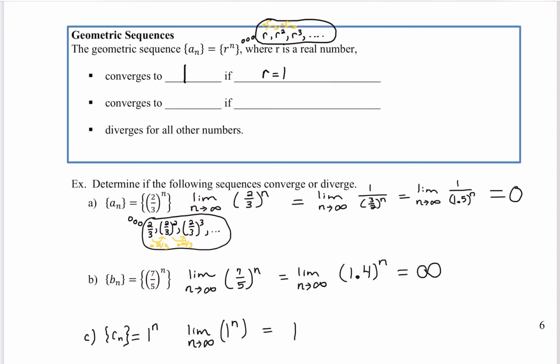Now it is going to converge to 0, and we're going to extend what we did in part A a little bit, if that is a fractional value in between like -1 and 1. So what we typically say is if the absolute value of r is less than 1.